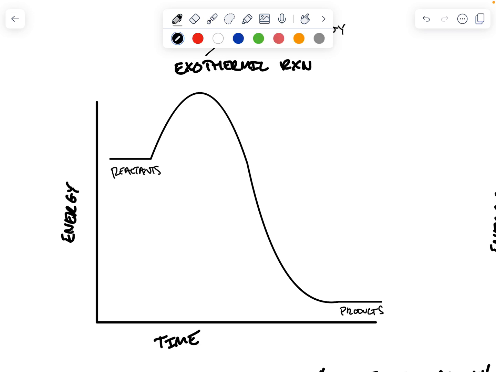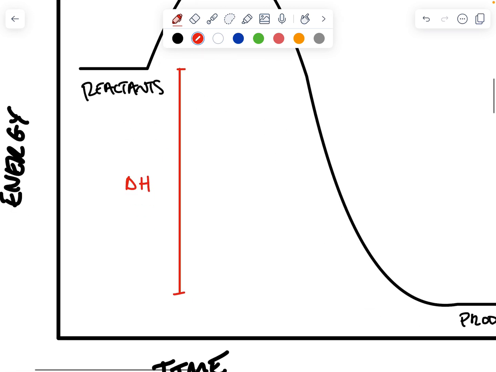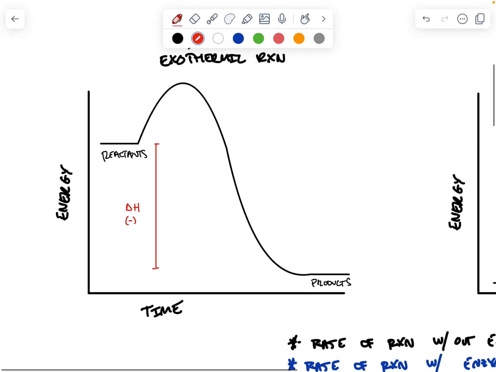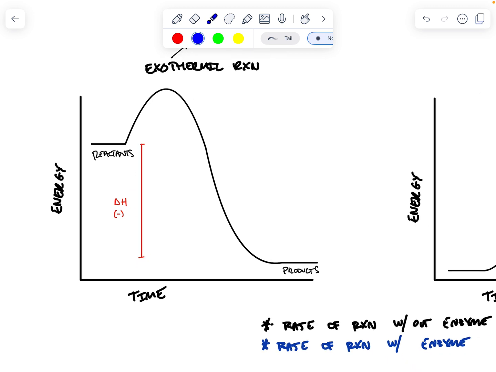So the difference between the energy of the reactants and the products is called delta H. And we see here that delta H is negative. The reactants have a higher energy than the products. So this amount of energy will be released in the reaction.